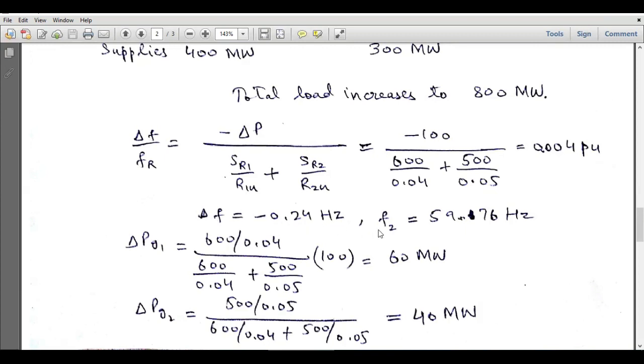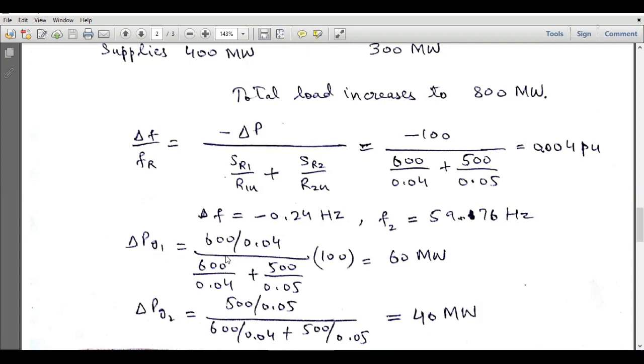So our new frequency will be equal to 60 minus this. 60 is the no load frequency, and the new frequency F2 will be equal to 60 minus this. So that will be equal to 59.76 hertz. So this is the deviation in the frequency as a result of 100 megawatts of load increment.